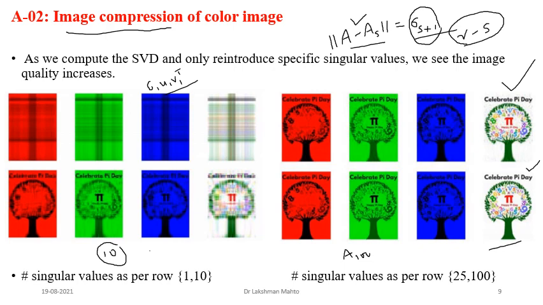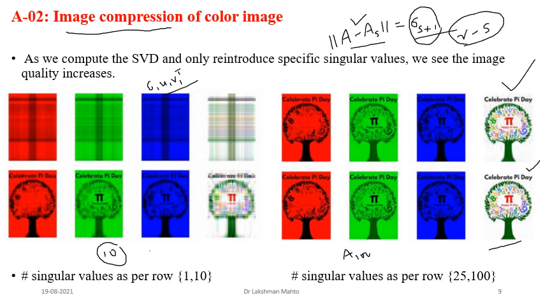All of this is low rank matrix approximation. If someone asks what the actual problem name is, it is low rank matrix approximation. With the help of SVD we can do low rank matrix approximation based on the desired number of specific singular values.